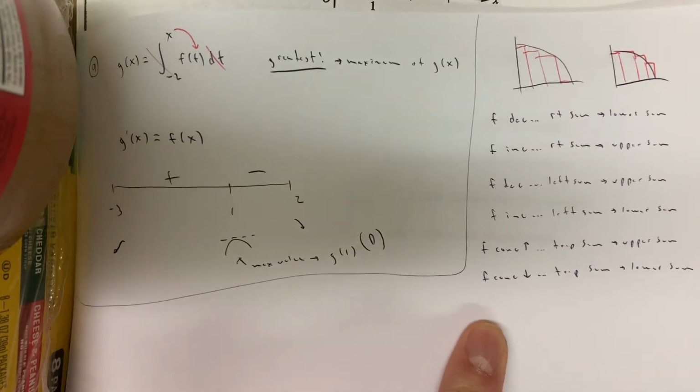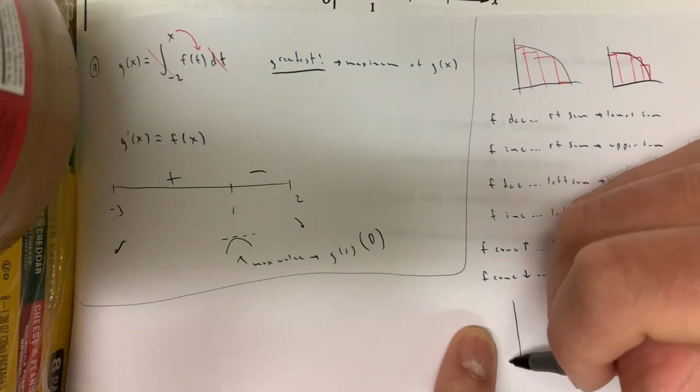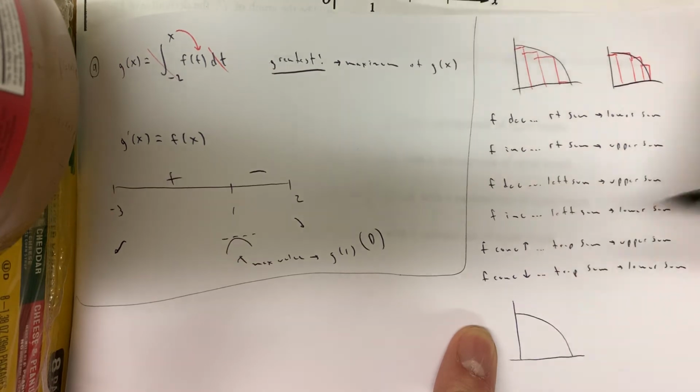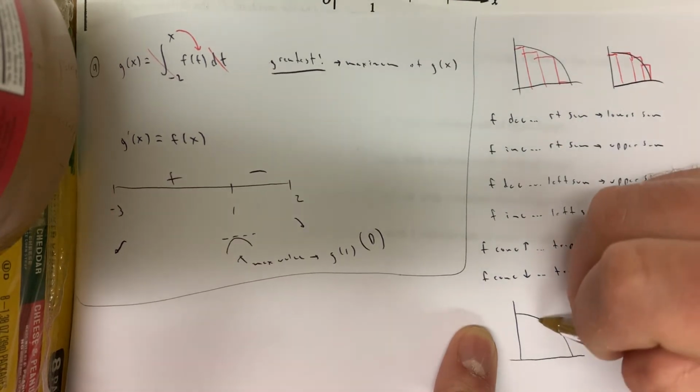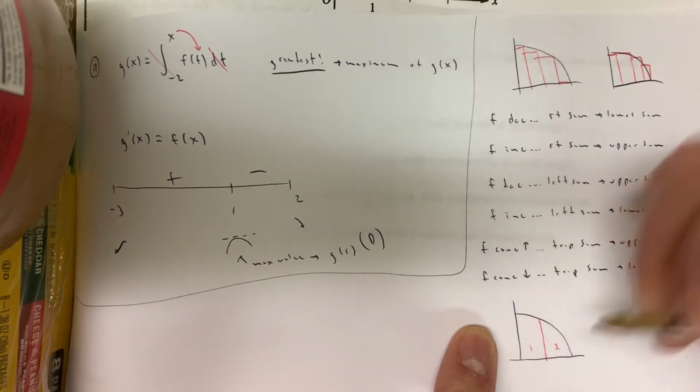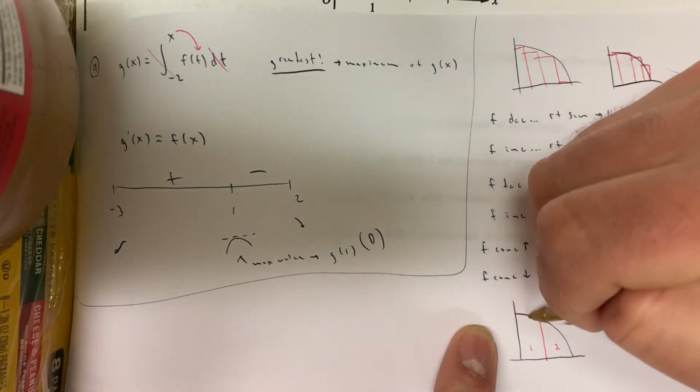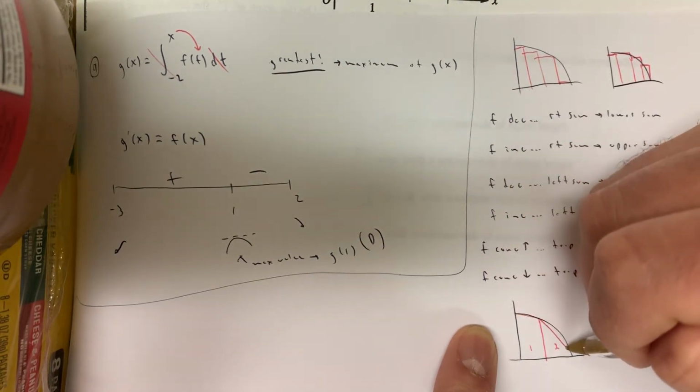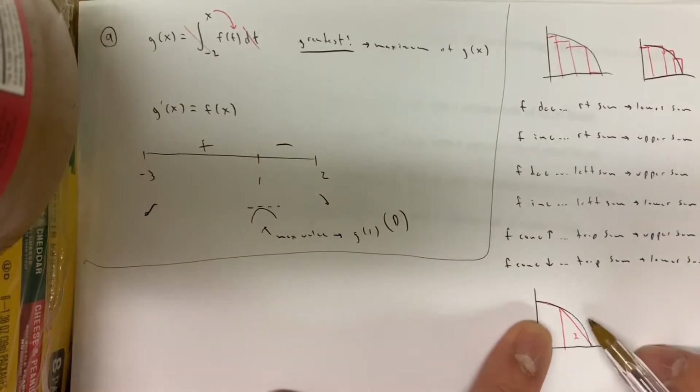I don't know if you can read that right there. If you want to know why, I'll draw it one more time. Trapezoidal sum, I'll only draw two trapezoids, trapezoid 1, trapezoid 2, because now you can see that if you draw and connect, if it's concave down, you end up with a lower sum.